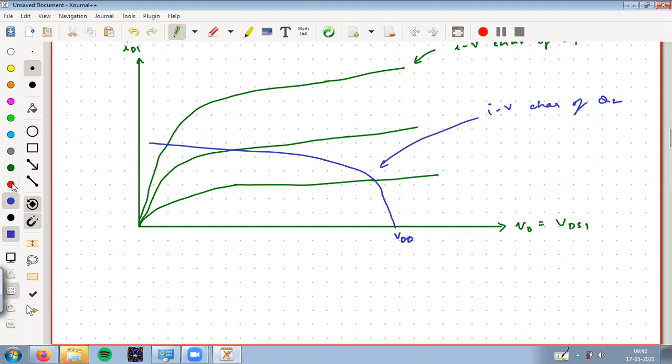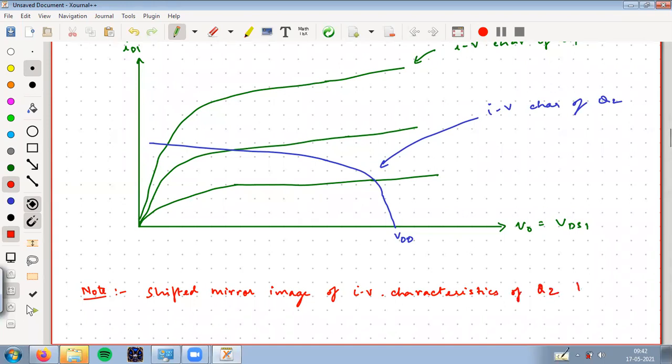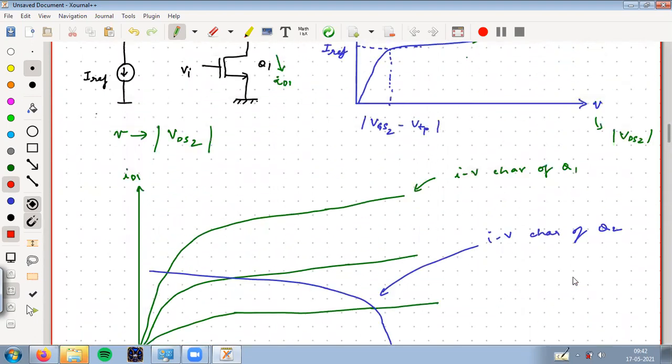I'll make a note here: shifted mirror image of the IV characteristics of Q2 by VDD.